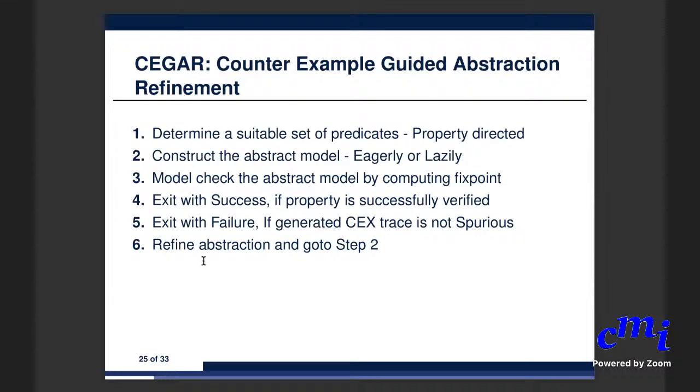If not, you will have to refine the abstraction, which will involve either refining your over approximated transitions and initial state, or adding more predicates, or changing your predicates. In the next class, we will see some of the ideas behind steps 5 and 6, and that will end my discussion on predicate abstraction and CEGAR.